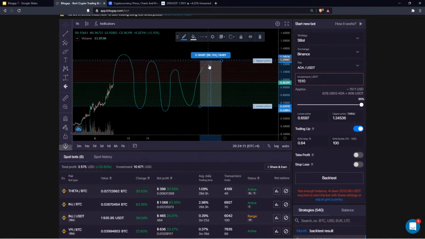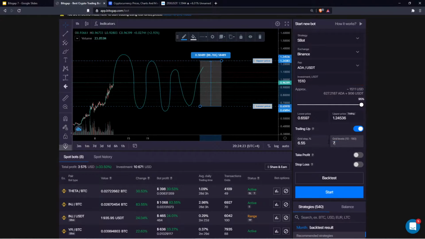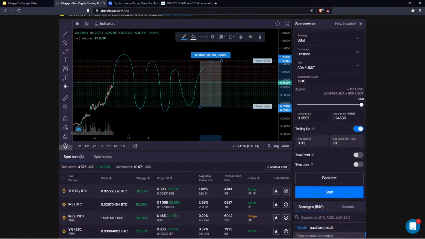So that means that here you expect the range of around 90%. So if I plot around 70 grid levels, that's going to be around 1% of a return per each grid level. So that means that grid levels are located from each other by 0.91%. So the difference between your grid levels is 0.91%.